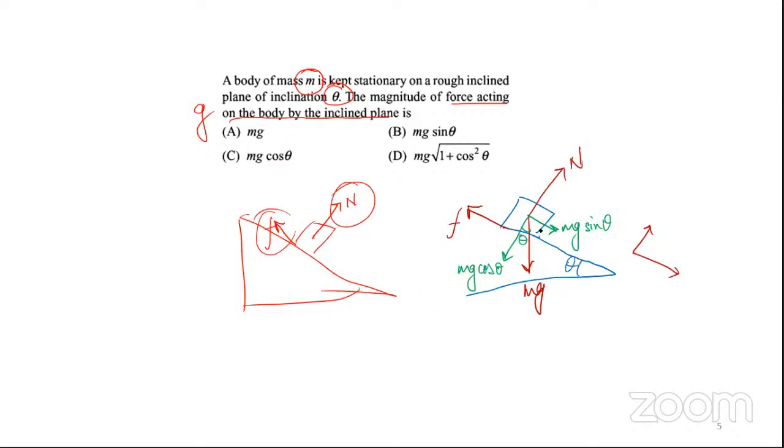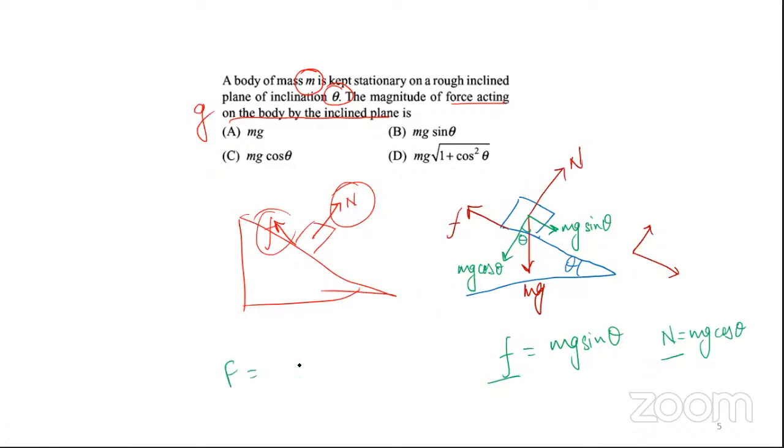Now this block is at rest. So I can say f is equal to mg sin theta and N equals mg cos theta. And I want to find the total force acting on the body by the inclined plane, that is f and N. Both of them are acting 90 degrees to each other.